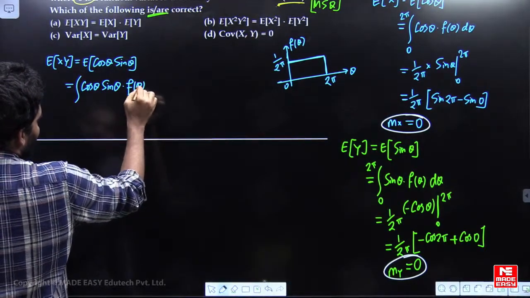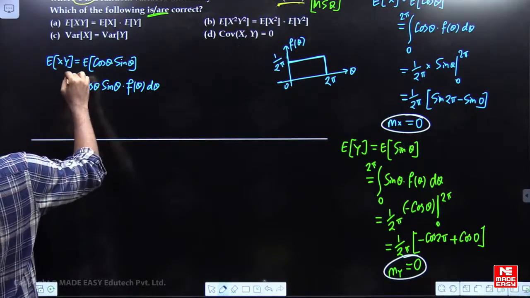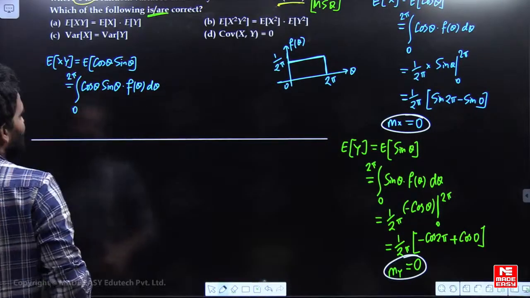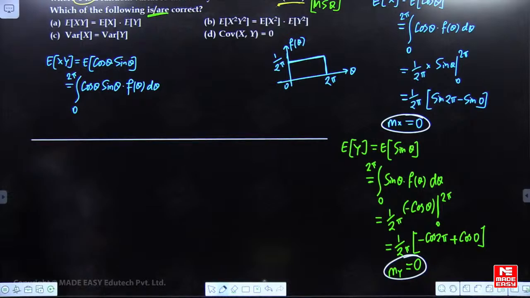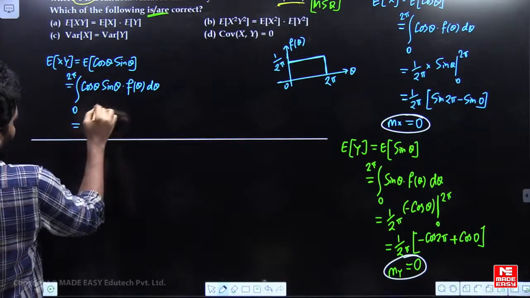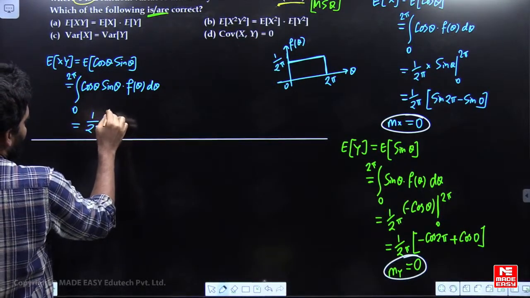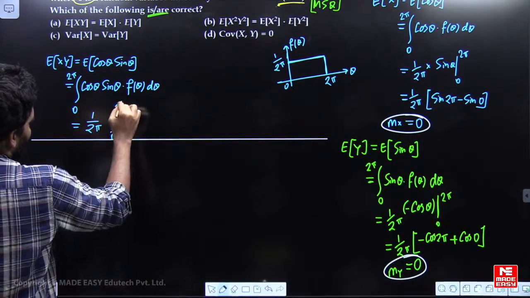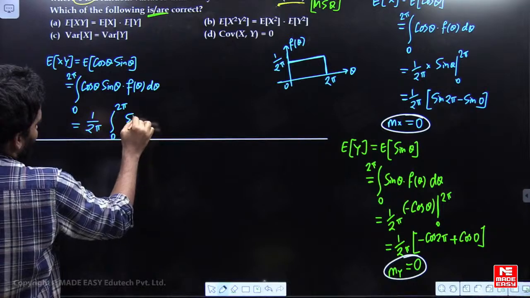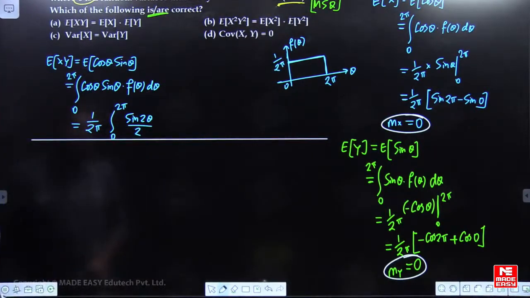The random variable is theta, so f of theta d theta, where theta is 0 to 2 pi, the range of values possible for theta. So f of theta is 1 upon 2 pi, and cos theta sin theta you can write as sin 2 theta upon 2.